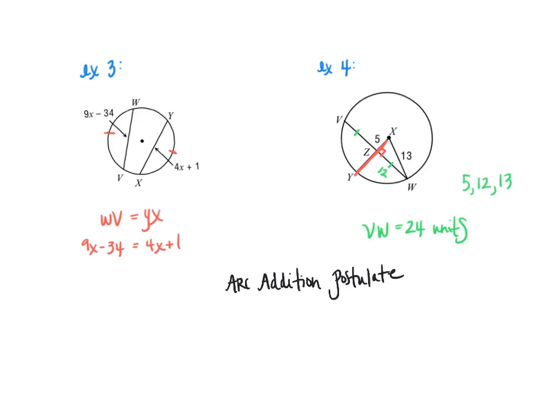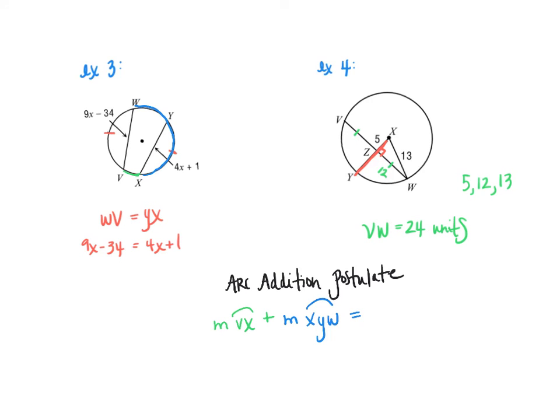So let's take VX right here. If we have the measure of arc VX plus the measure of arc, it looks like it could be bigger than 180, so I'm going to write it as XYW.